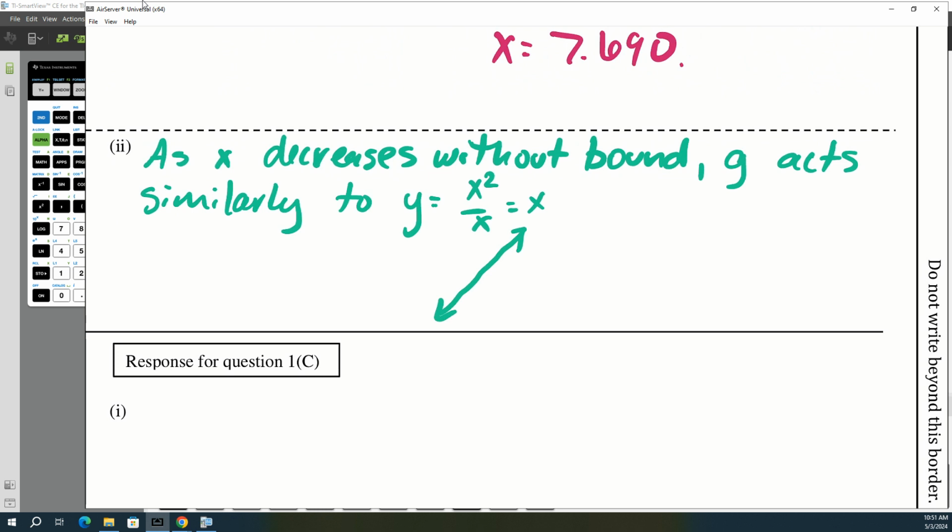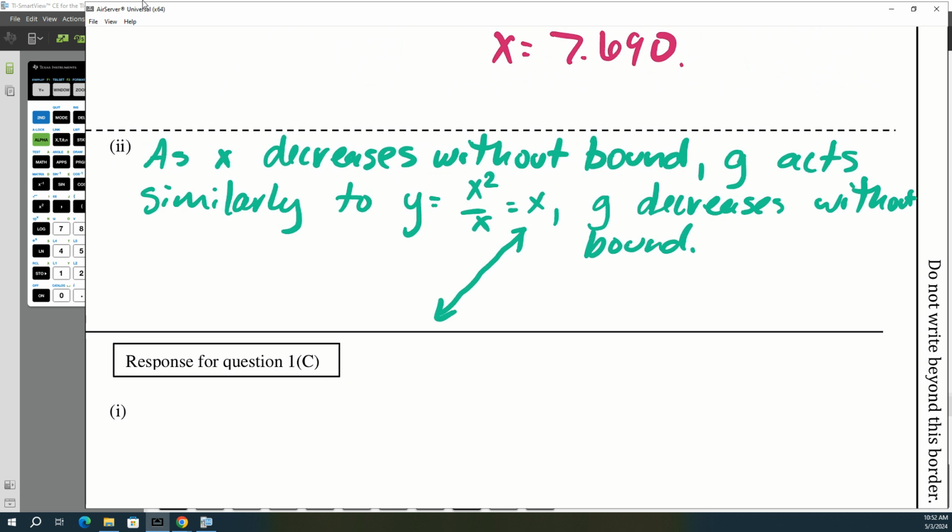All right. So we were talking about the left side. We said x decreases without bound on the left side. What is the graph going to do on the left side? Decrease without bound. Now that is not enough because it tells you to write the answer as a limit.